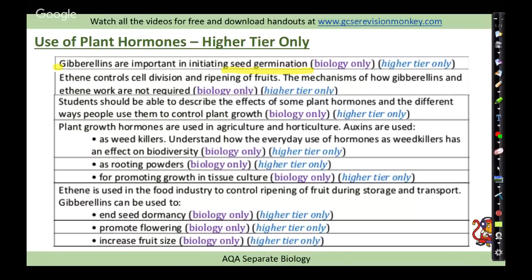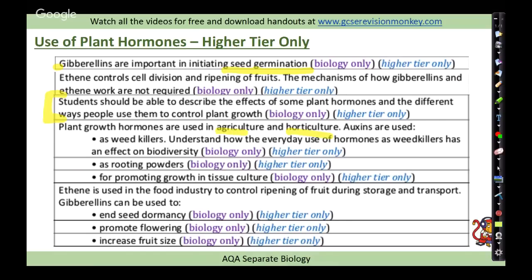Students should be able to describe the effects of some plant hormones and the different ways people use to control plant growth. So it could be that you get a 4 to 6 mark question on different plant hormones, how they're used to grow plants in terms of auxins or ripen plants or for seed germination or whatever it is. Plant growth hormones are used in agriculture and horticulture, so farming and gardening really.